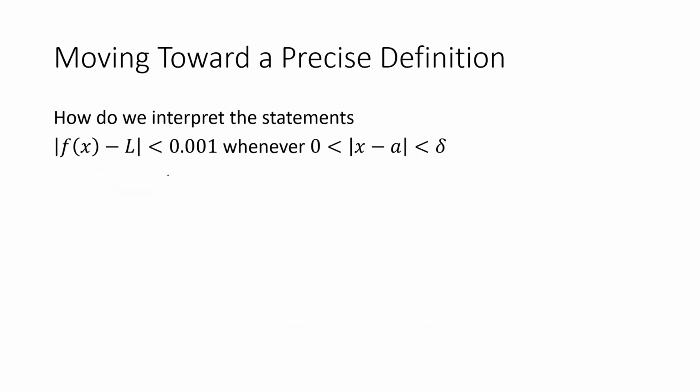So when I, for instance, change the value here to 0.001, then we're essentially saying, let's make f of x and L even closer.